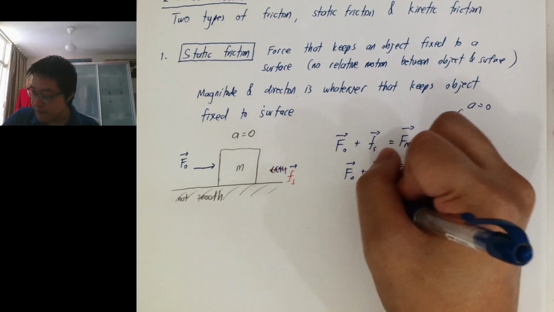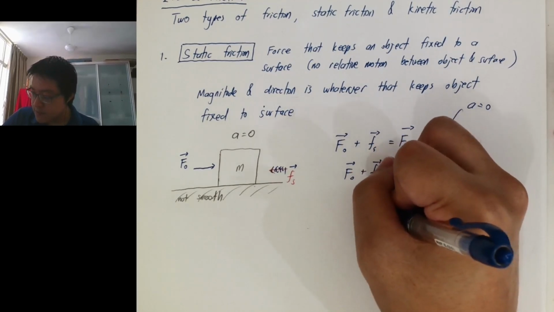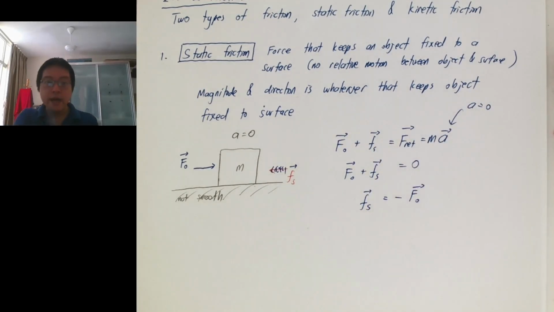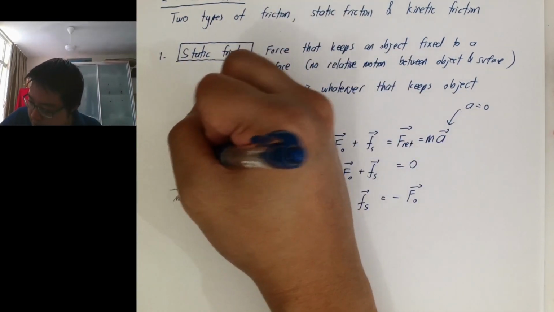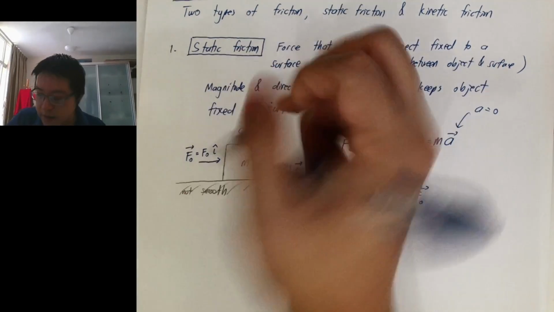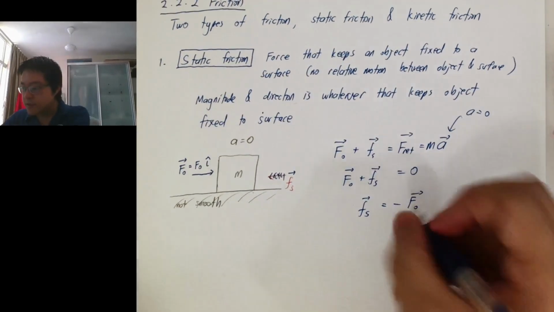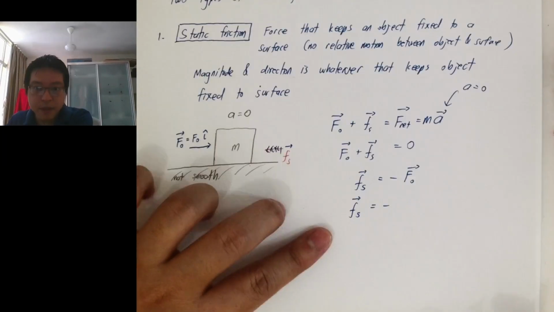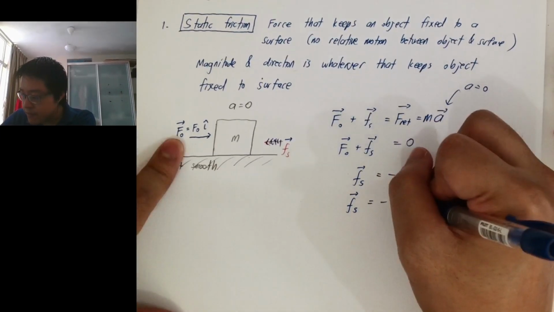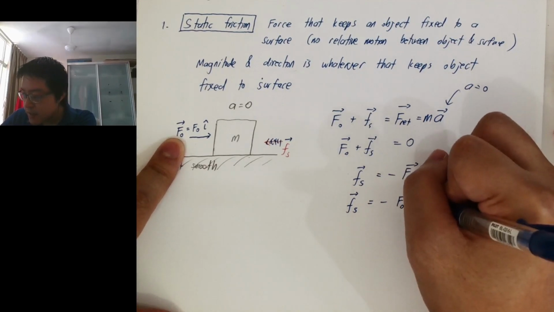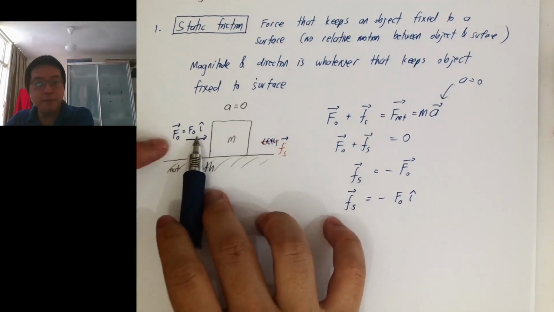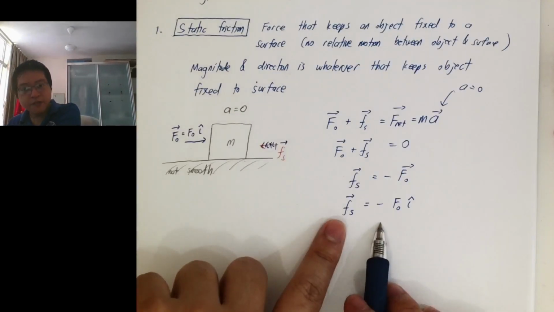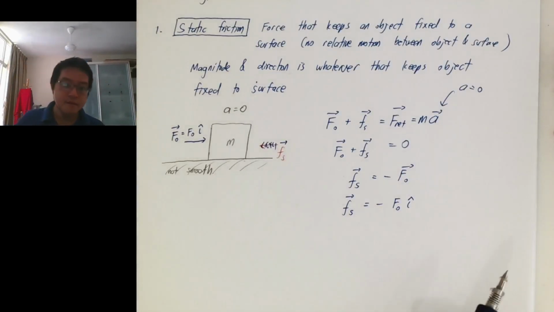In other words, Fs equals negative F0. And my F0 is some magnitude in the positive i direction. So if I plug in this expression, I can now determine the magnitude of my friction force. It is the magnitude F0, in the negative i direction. So if F0 is in the positive x direction, then my friction is in the negative direction.